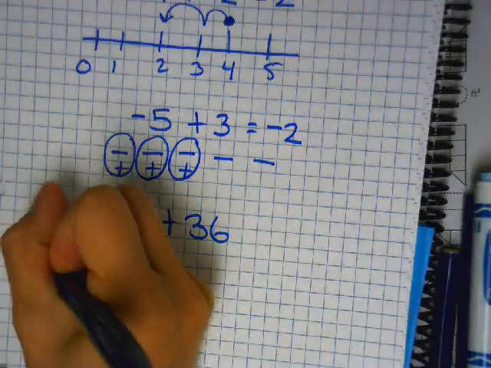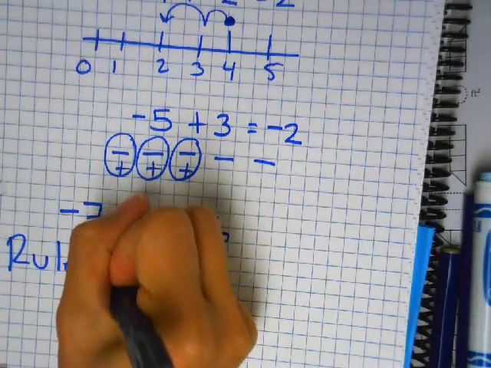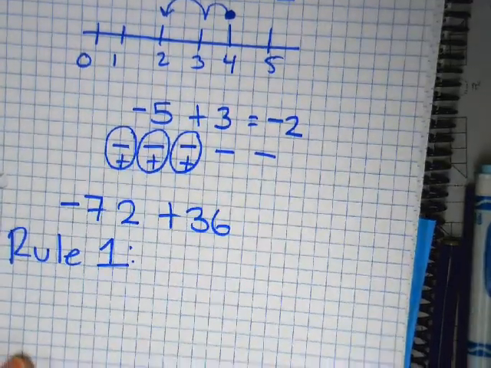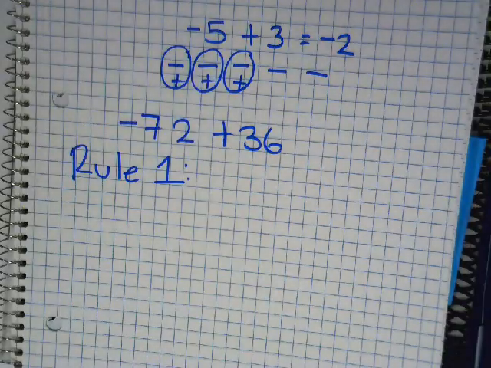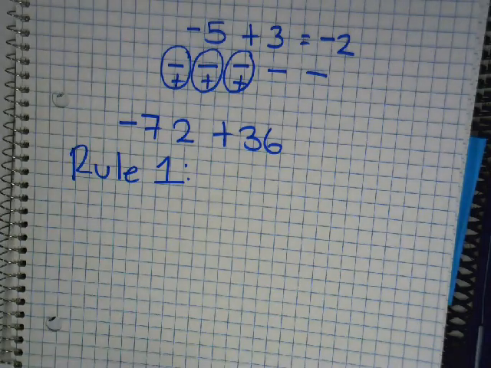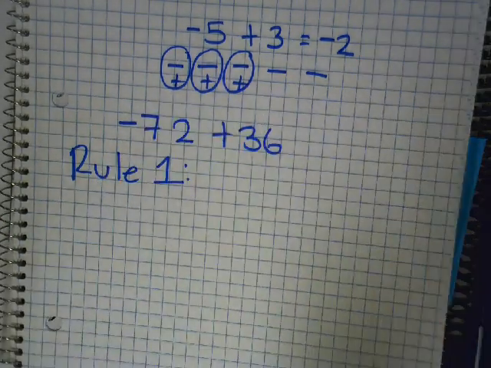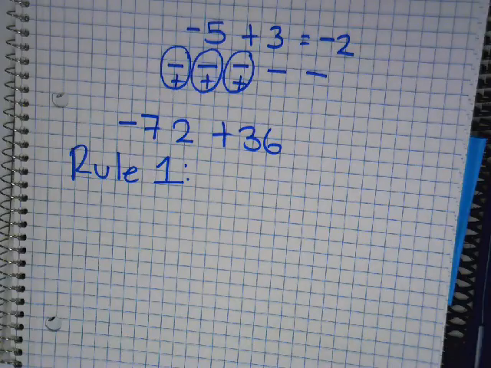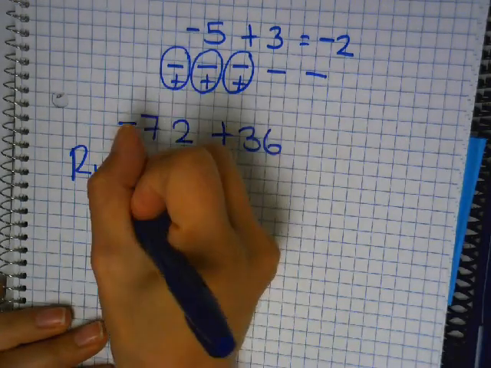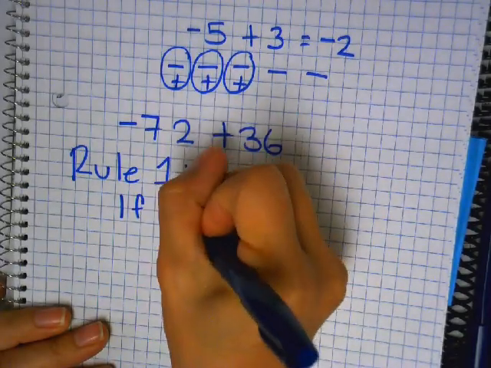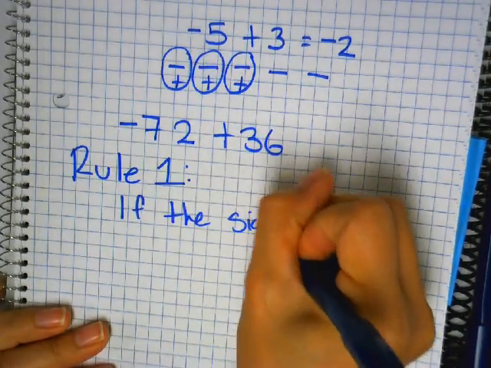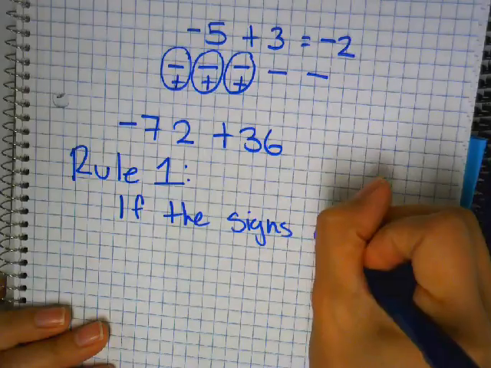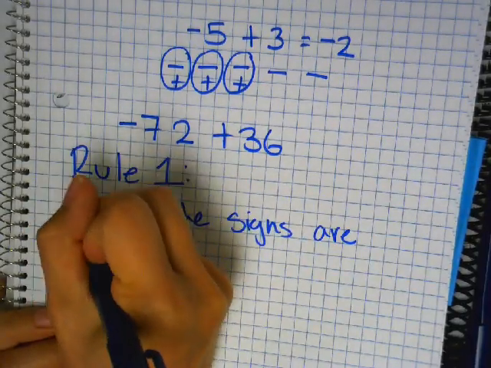Rule number 1. This is for addition. Every operation has its own rule. This is only for addition.